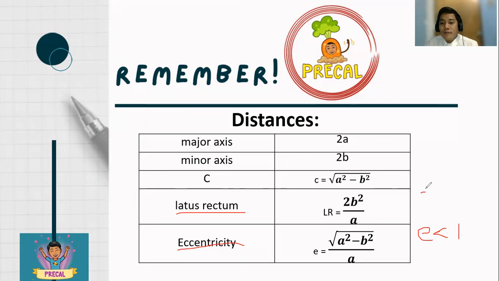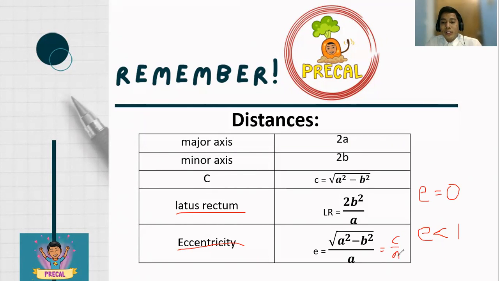The eccentricity of a circle is 0. That's why a circle is considered an ellipse, because 0 is less than 1. So therefore, the eccentricities that we could compute might be 0 point something. So in short, the eccentricity is c divided by a.